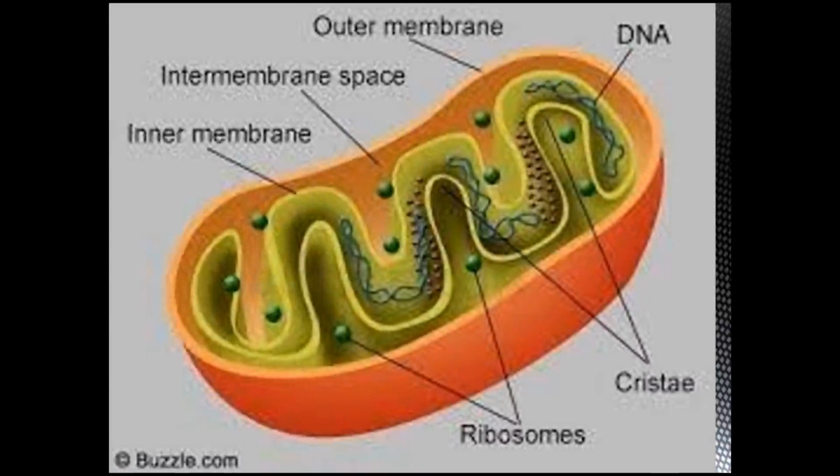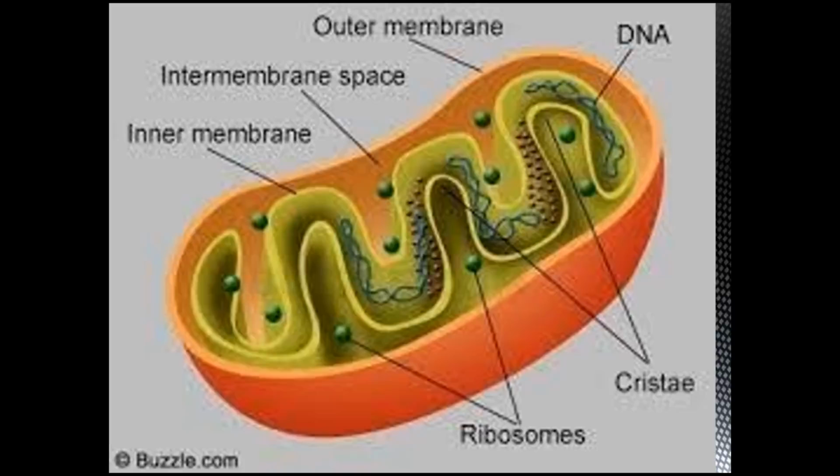Now we have to see the structure of mitochondria. See the picture everybody. Structure of mitochondria: outer membrane, inner membrane, and the intermembrane space in between.